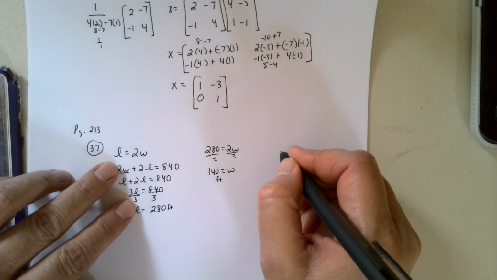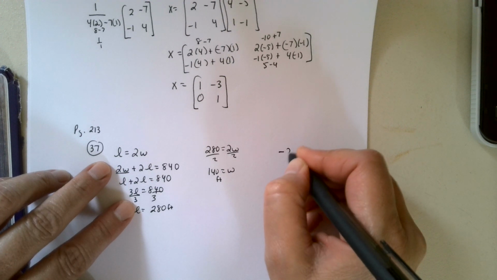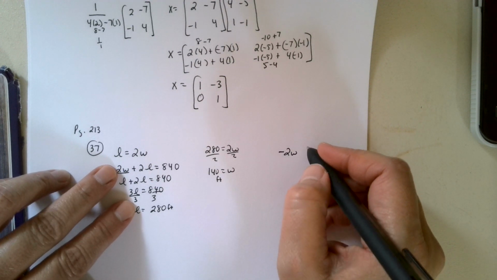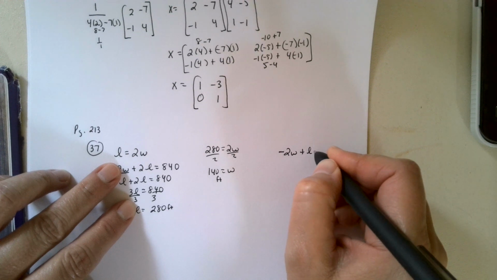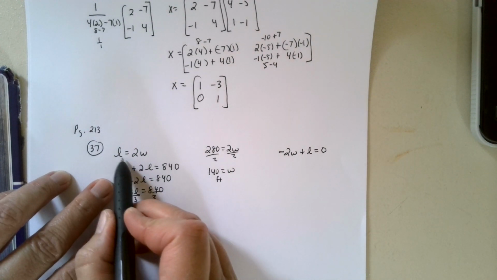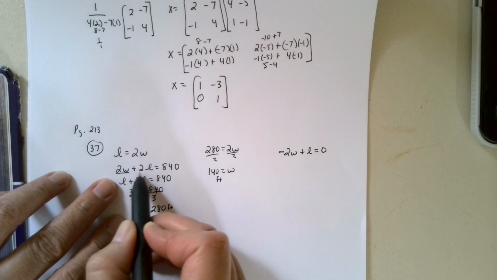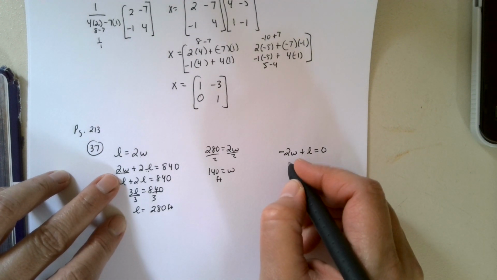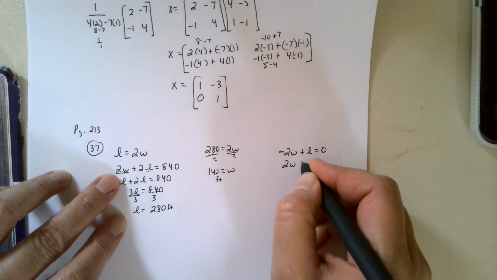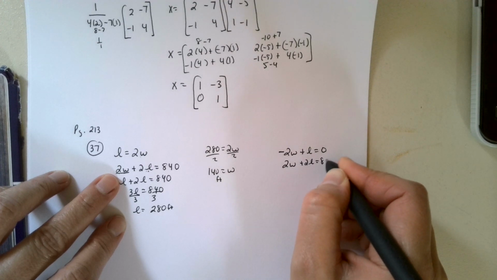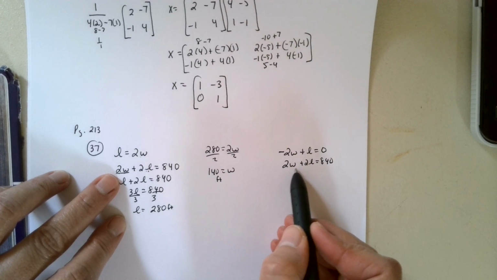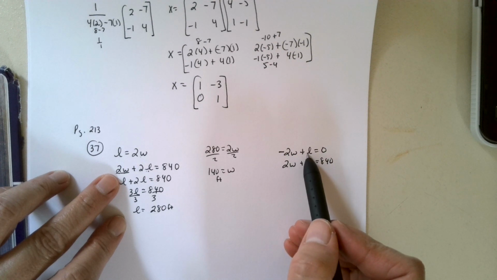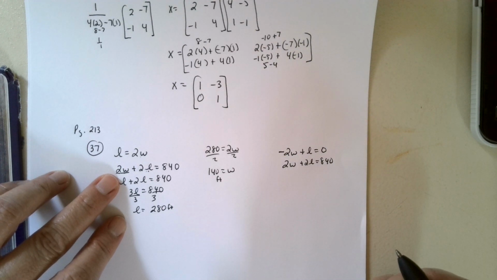So if we were going to turn it into a matrix equation, the first thing we would have to do would be to get this equation in the same order as this one. And so I'm going to subtract the 2W over. I'm going to leave this equation. And if you have 2L plus 2W and L minus 2W, that's fine as well.